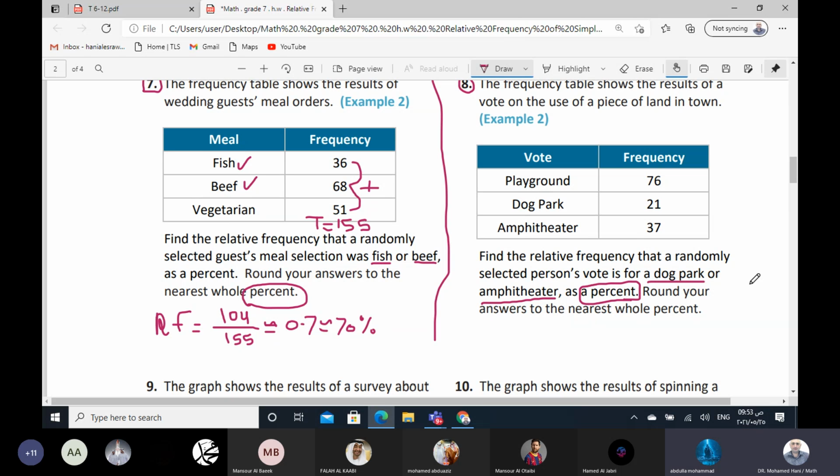Mister, I say this one is 45%. Thank you, Abdullah. 0.45. Great, Abdullah. Who has a different answer?